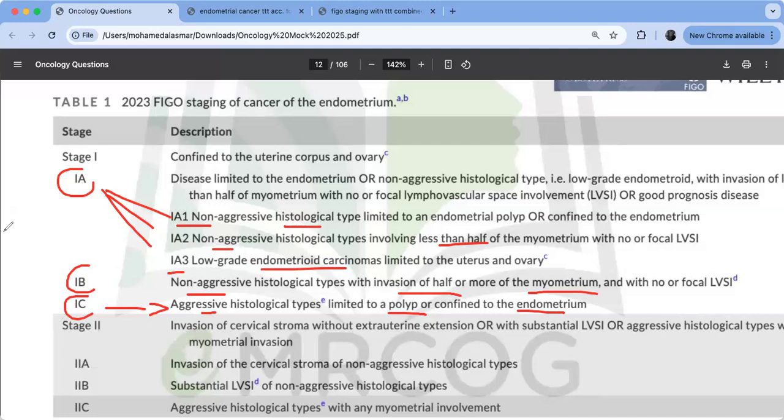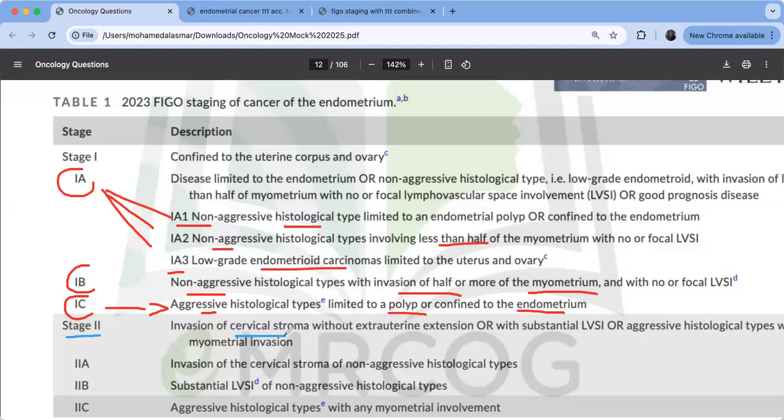How about stage 2? So I will use another color for stage 2. Blue. Okay, let's go for blue. Stage 2 is invasion of the cervical stroma. So in the old days, we used to say invasion to the cervix or spread to the cervix, then finished. This is stage 2.